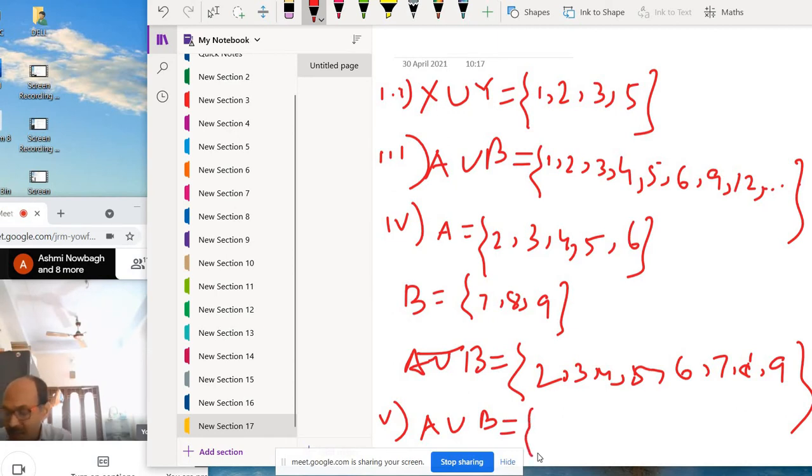B is not an element, B is the null set, so no elements are there in B. So only A's elements: A union B is {1, 2, 3} only.